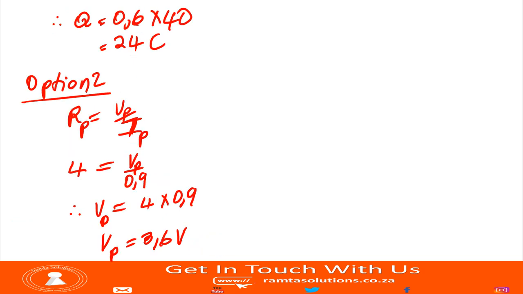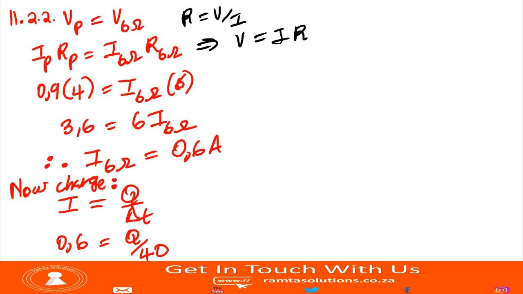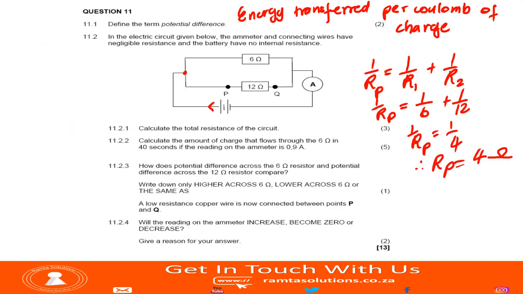You guys will have to look at this over and over, but whichever method you prefer, it's okay. Now, let's check this out. How does the potential difference across the 6 ohm resistor and the potential difference across the 12 ohm resistor compare?